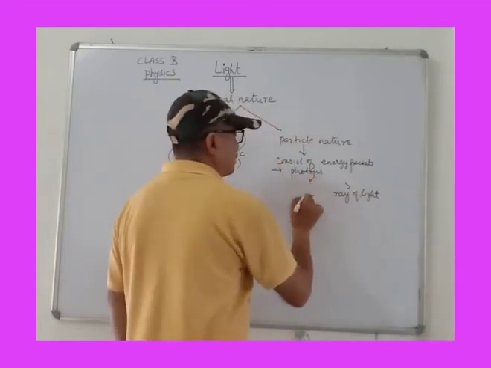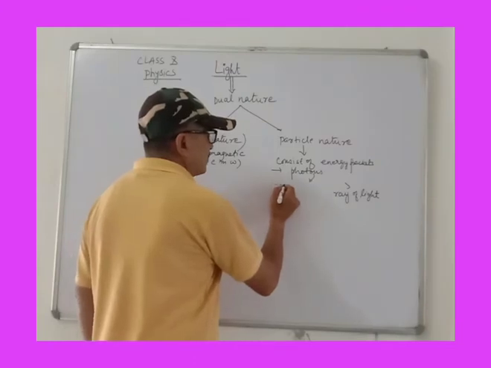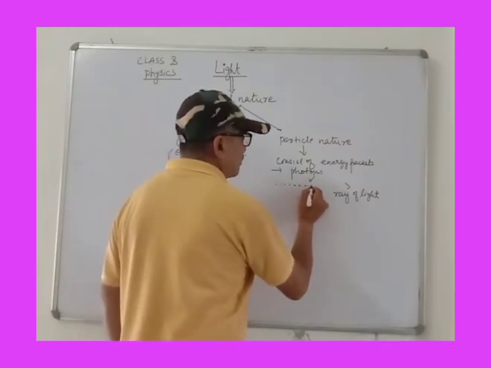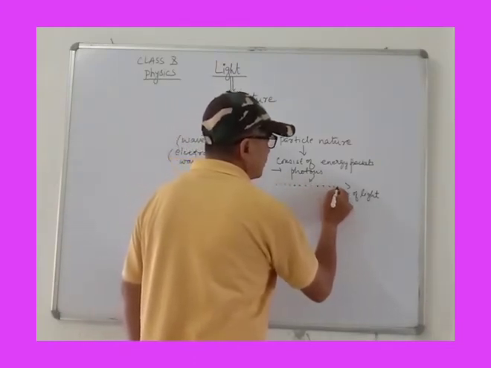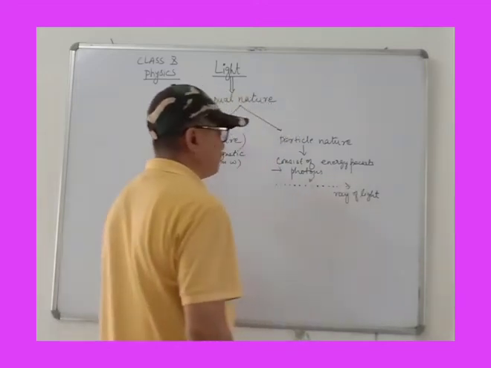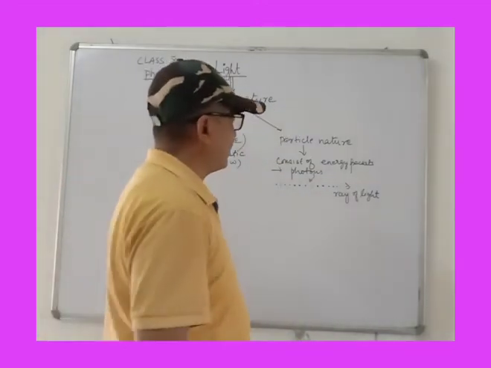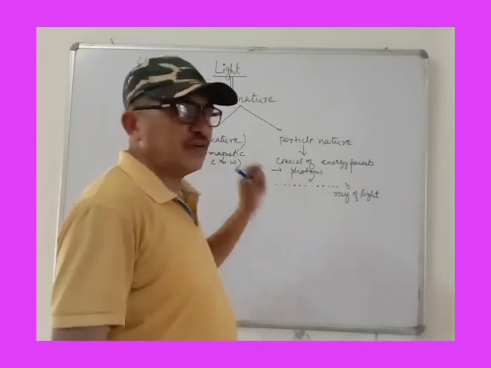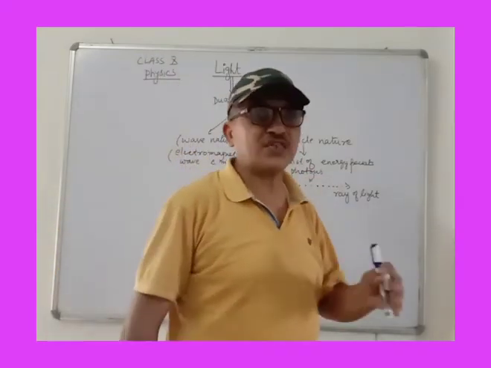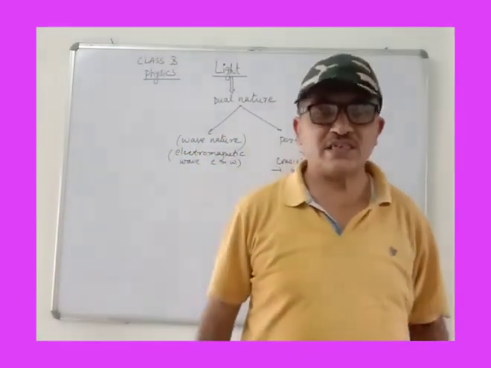These photons, a bundle of photons that travel in a straight line, is called ray of light. So in class 10, we will deal with the phenomena based on ray of light.